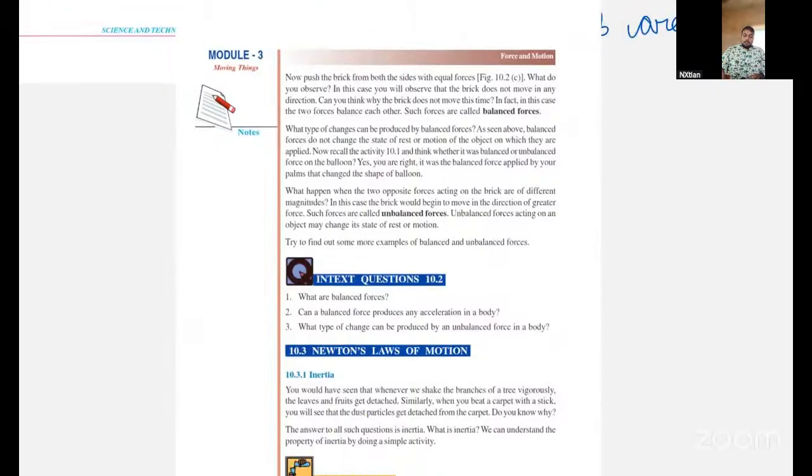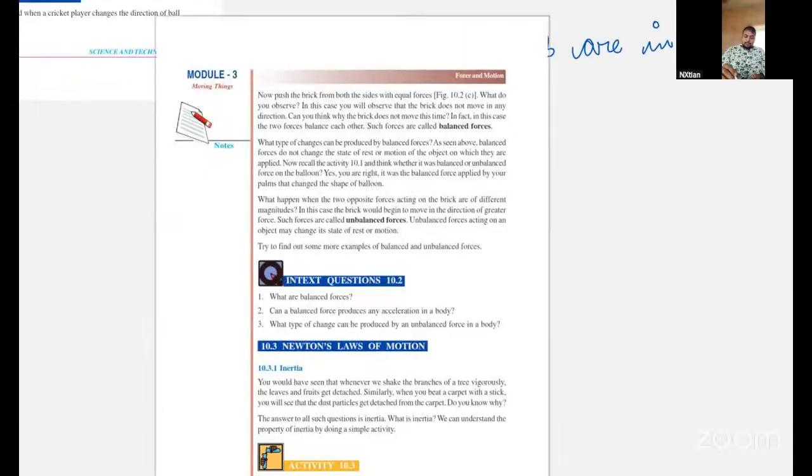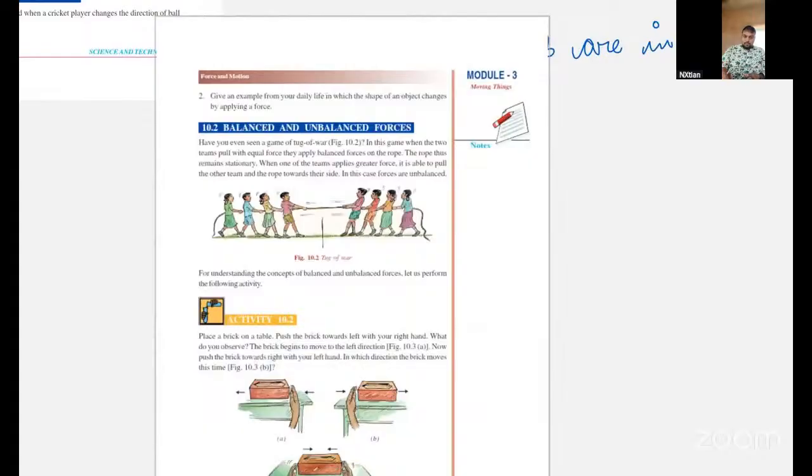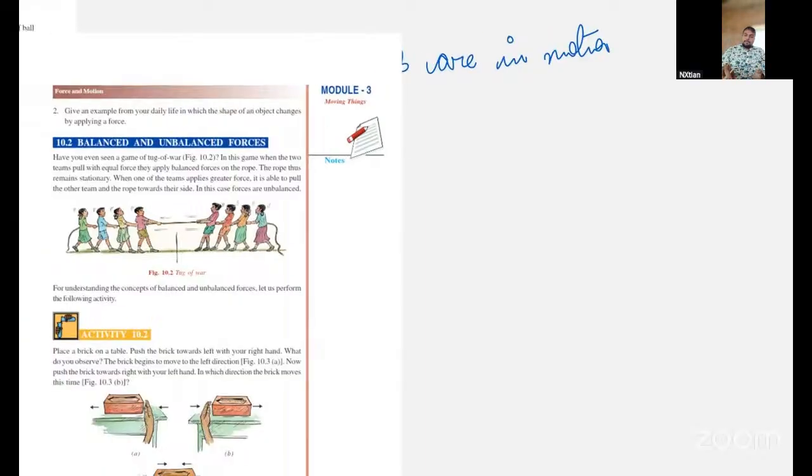I wanted to know if biology and physics are actually involved together. Yes. Like the heart is putting force on the blood, and because of that, the blood is moving. So these are all examples of force.